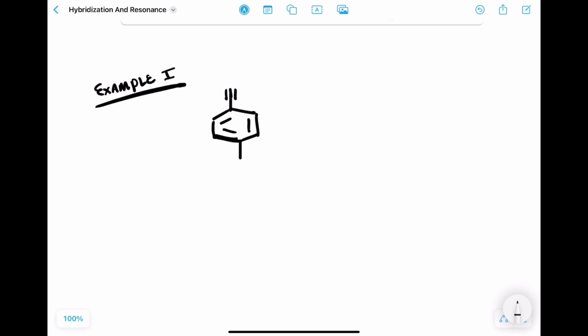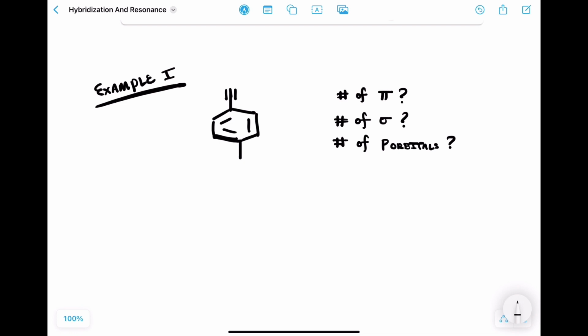I can ask you the number of pi bonds. I can ask you the number of sigma bonds. I can ask you the number of p orbitals. I can ask you if there is a resonance structure available. But let's go through and answer these questions.